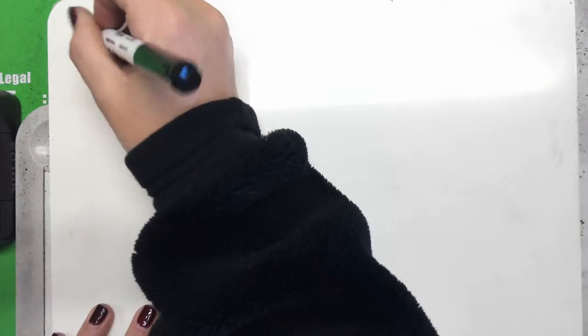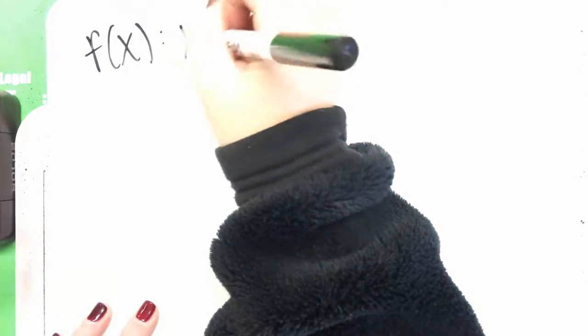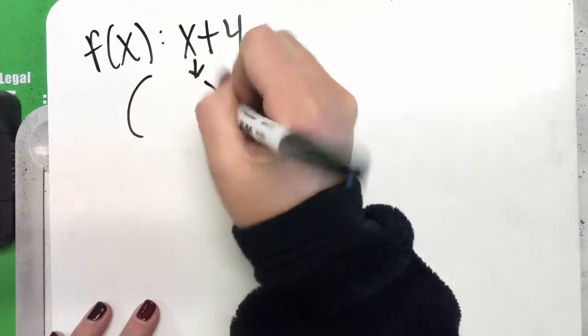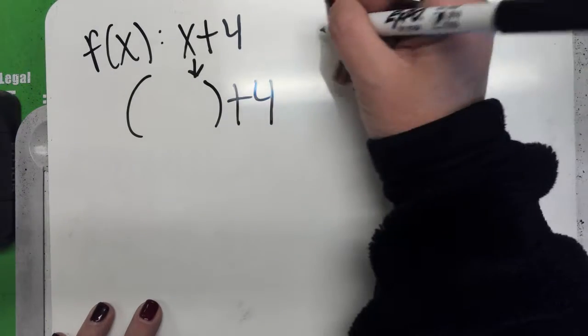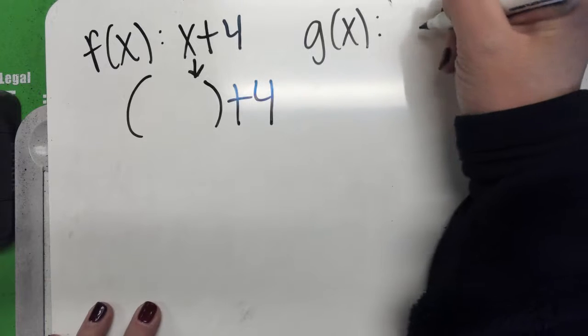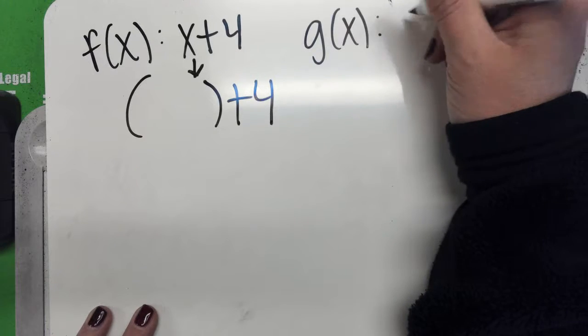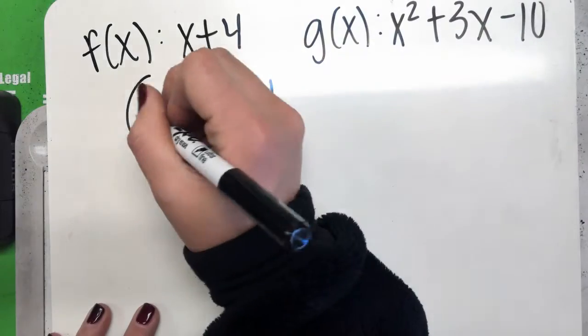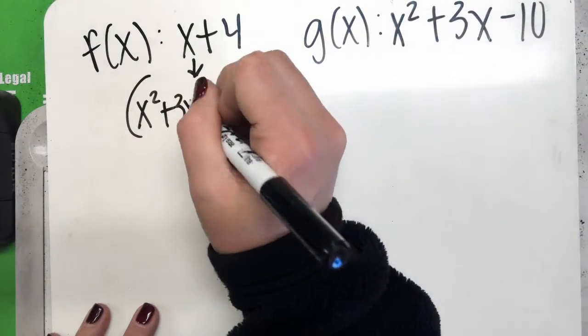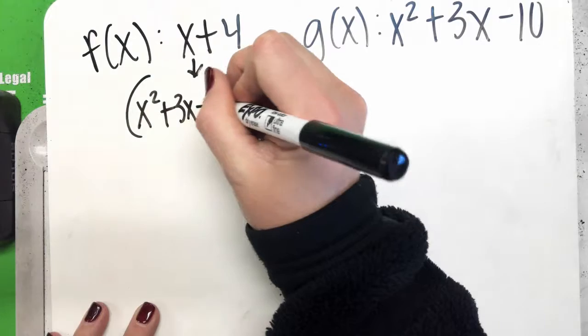Alright. F of g, I'm going to rewrite this function, x plus 4, as parentheses plus 4. You just replace the x. And then I'm going to plug g of x into that parentheses, which is x squared plus 3x minus 10. I didn't leave myself enough room.